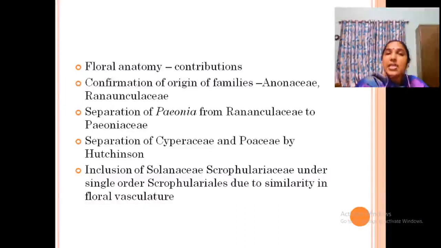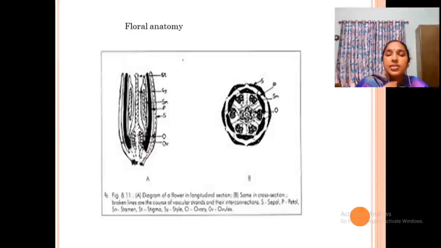Then Solanaceae and Scrophulariaceae were included in Scrophulariales, mainly due to the similarity in floral vasculature. So usually we neglect floral structure, floral anatomy, but that is also very significant and is usually taken into consideration while studying a genus or family. Clear? Okay. This is the floral anatomy.